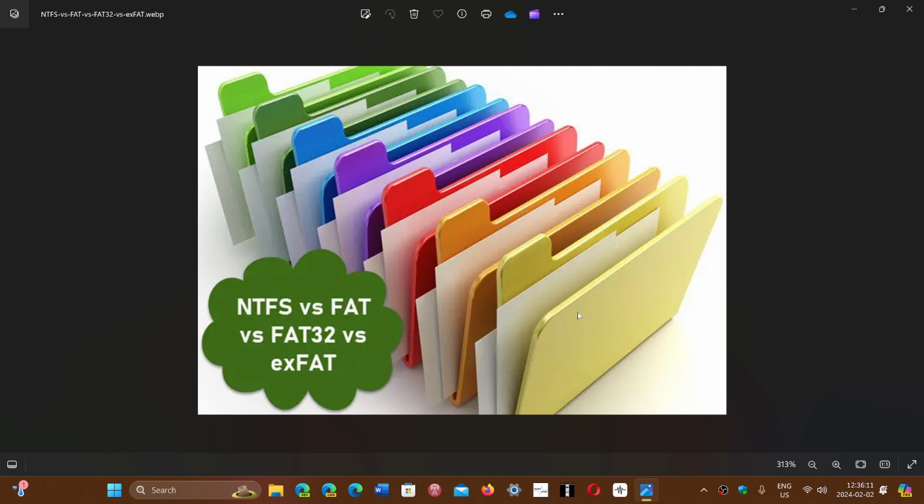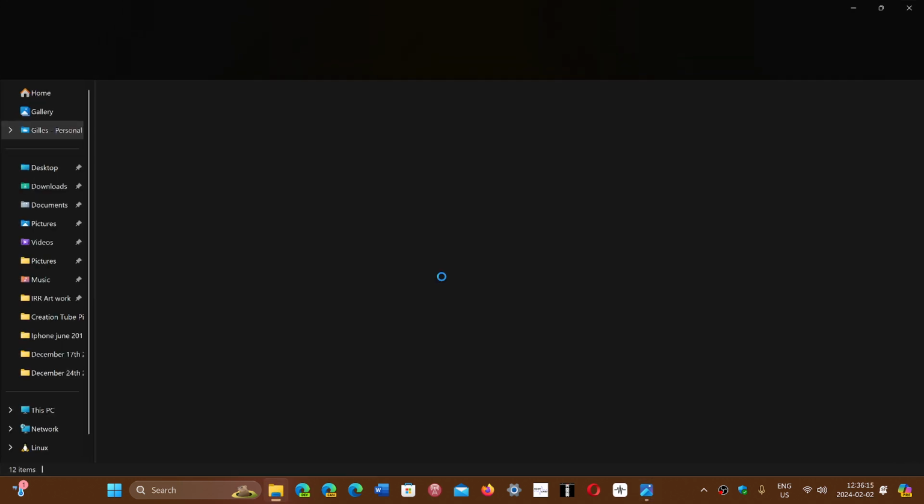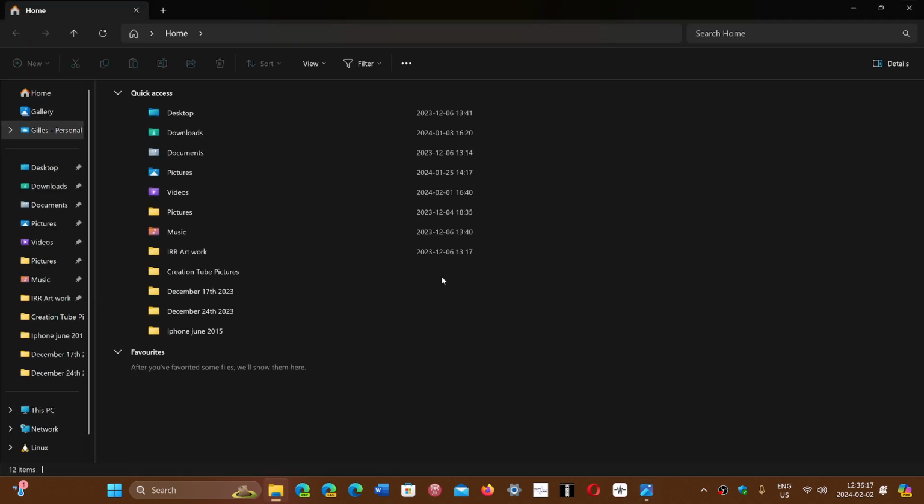Well, if we look at the main systems we use today, most systems today are NTFS, and there will be some with exFAT, for example, on some Linux systems. That is often a used system.